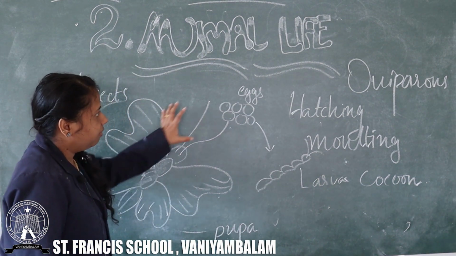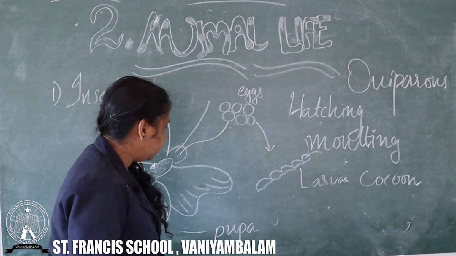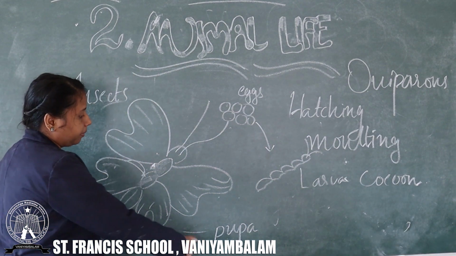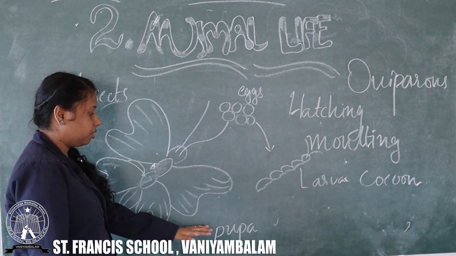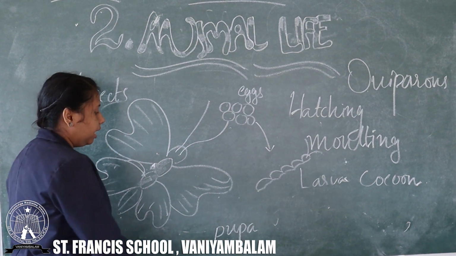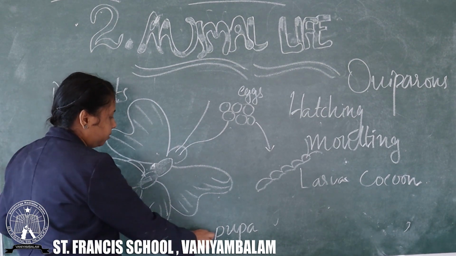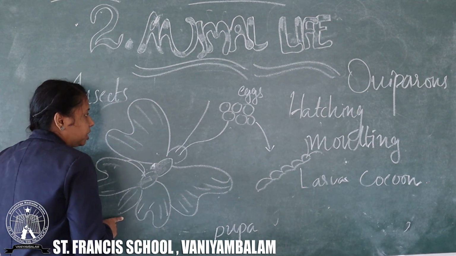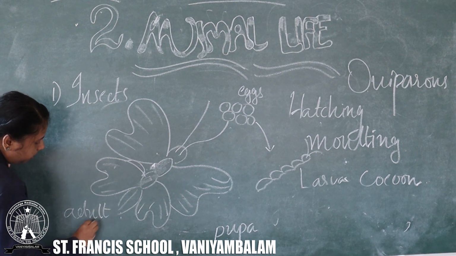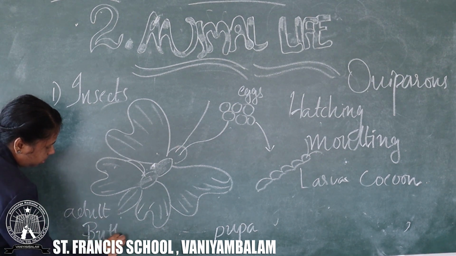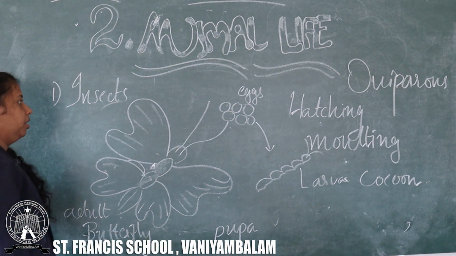The butterfly will lay eggs, then it will form the larva and after that the pupa will form. It will cover its body itself. This stage is known as pupa. And after a long time, from the pupa the adult butterfly will come out.